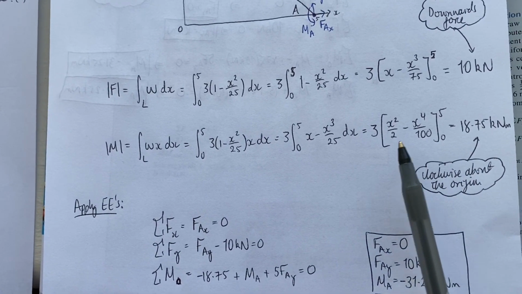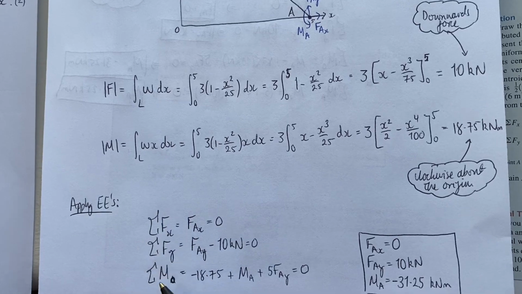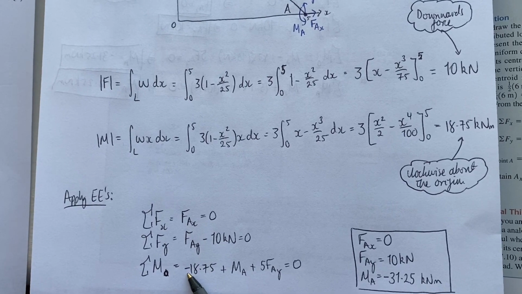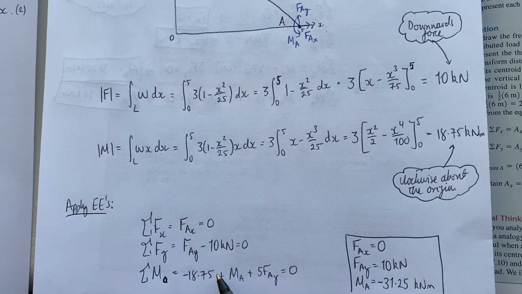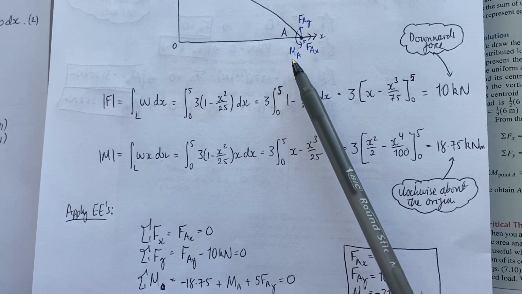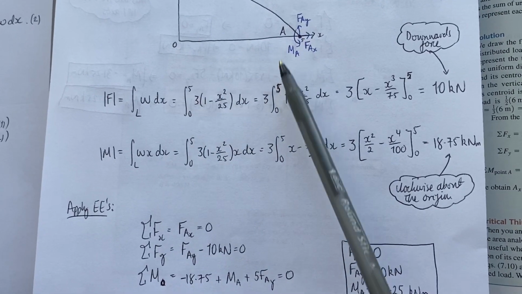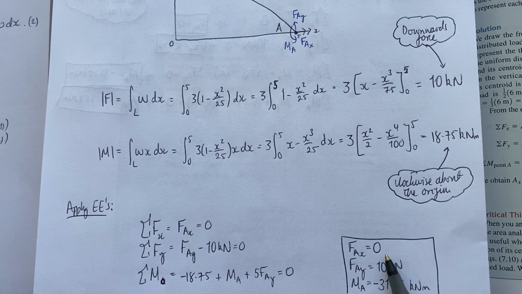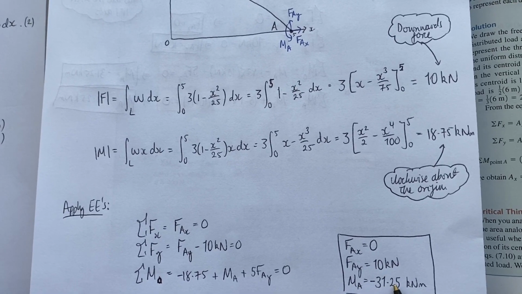Remember, this is evaluating the moment about the origin, which means we have to sum moments about the origin and remember the correct sign for this magnitude. We said it was clockwise, and therefore this is negative. I have the moment acting at A due to the fixed support, and then I also have a moment due to the reaction FAY at a distance 5, which is where this term comes from. If I solve that system, I get FAX equals 0, FAY equals 10, and solving for MA gives me negative 31.25 kilonewton meters.